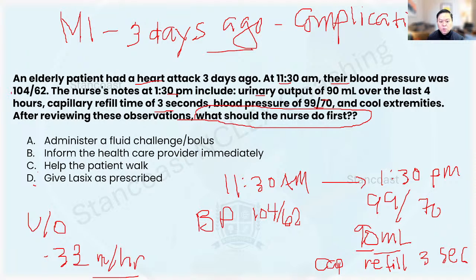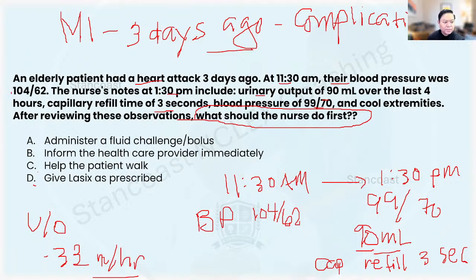Anything below 30 mLs per hour is already considered oliguria. And this has already been 4 hours, and the patient only had 90 mLs. What is that? 90 mLs divided by 4 hours is only about 22 mLs per hour. Yeah, that is already oliguria, guys. Not good. So you're answering letter B.